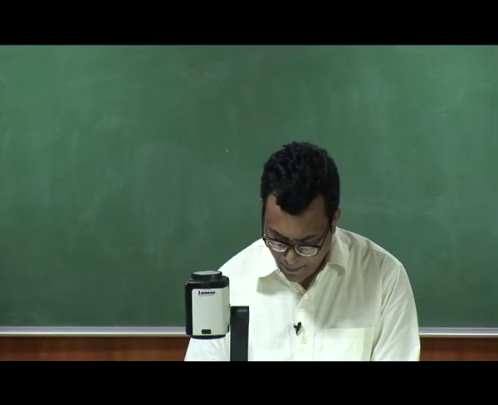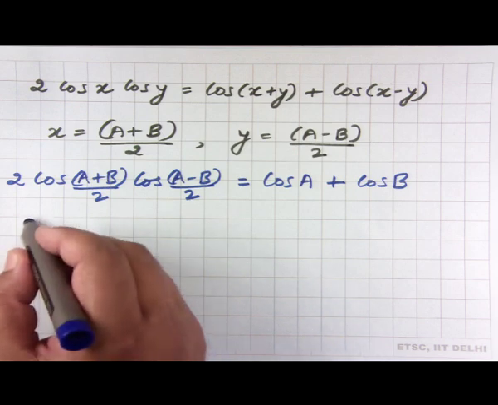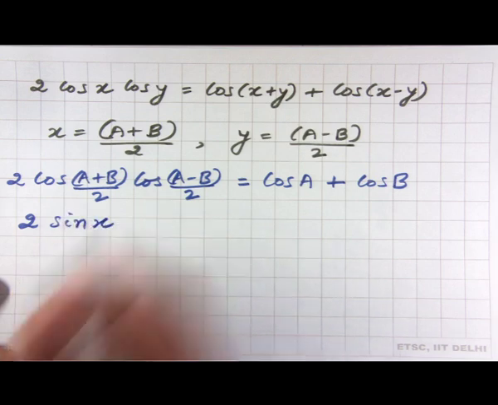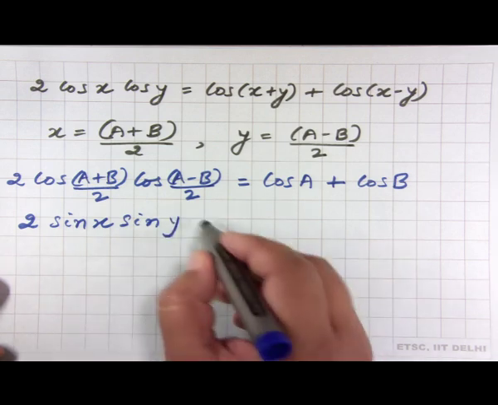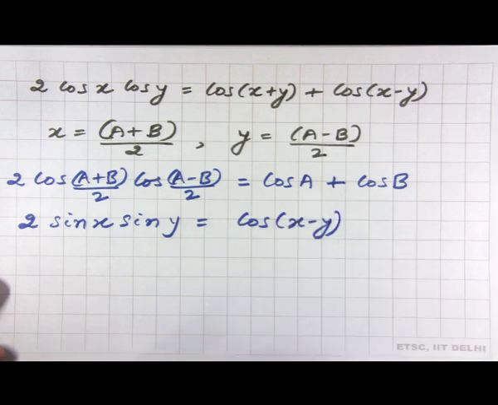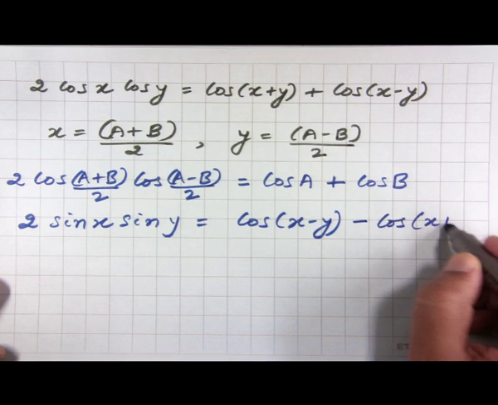And similarly, if we remember, we had also derived that 2 sin x sin y equals cos of (x minus y) minus cos of (x plus y).